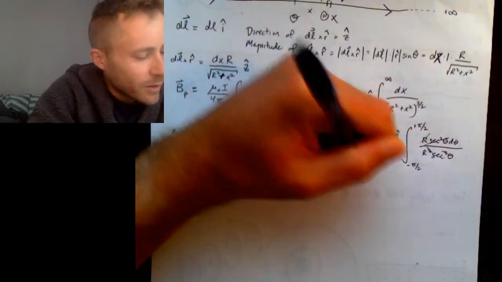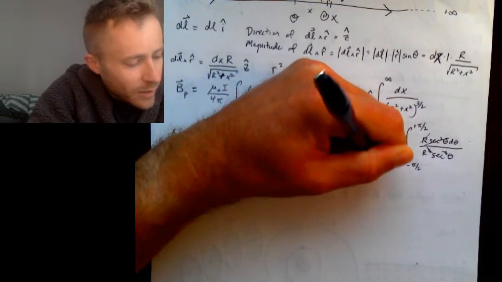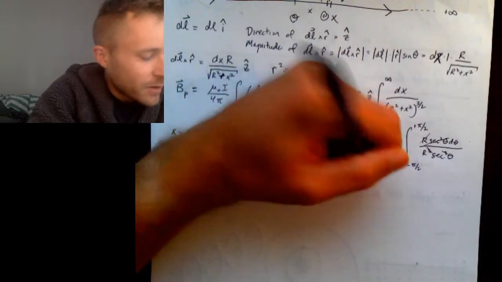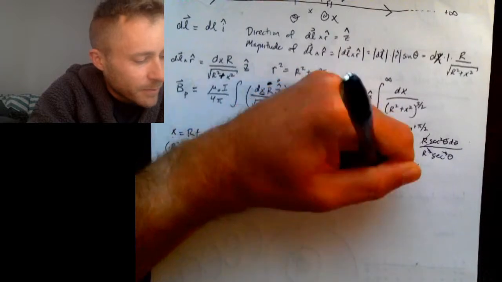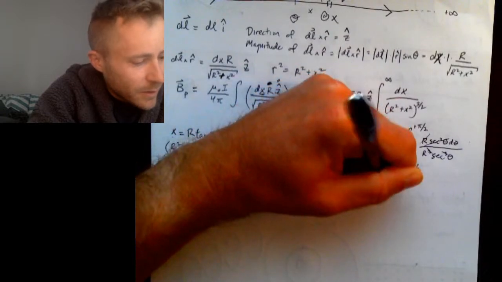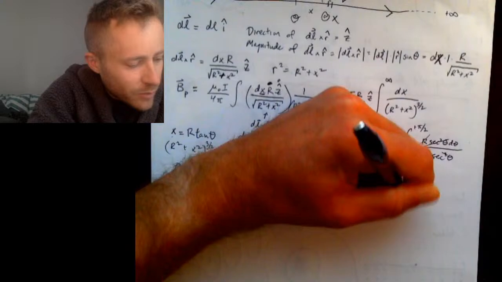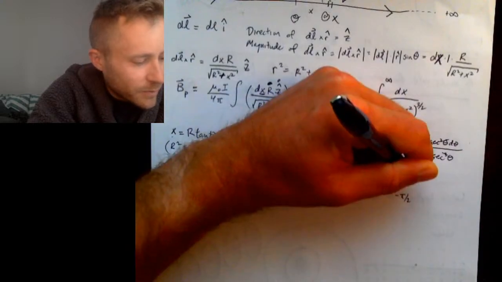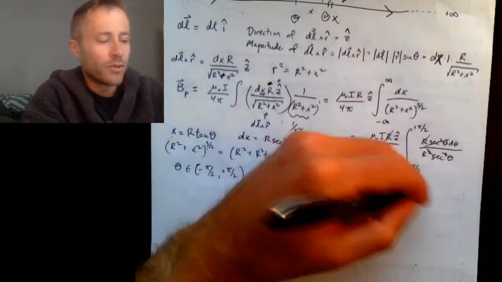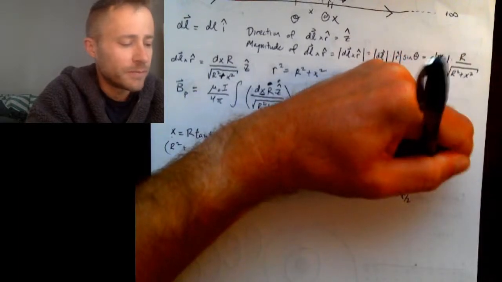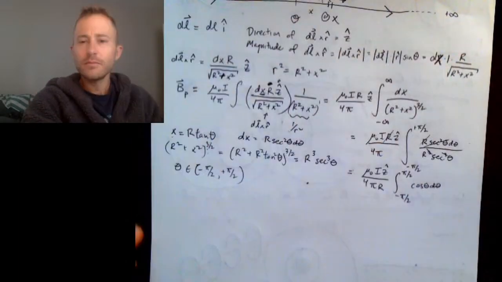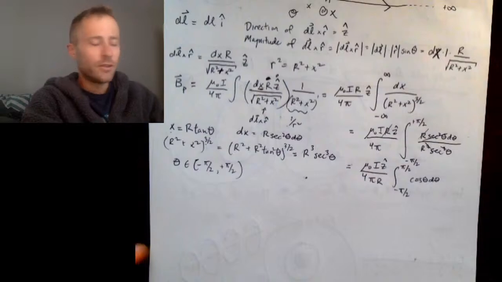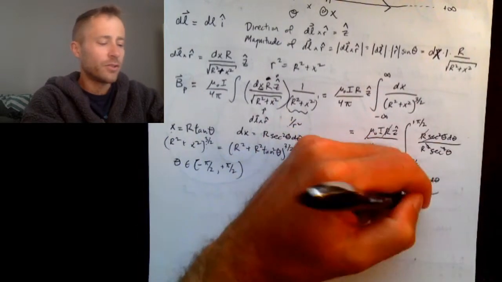So we get mu naught I z hat over 4 pi r times the integral from minus pi over 2 to pi over 2 of 1 over secant, which is just cosine. All right? And so the value of this integral is just 2.